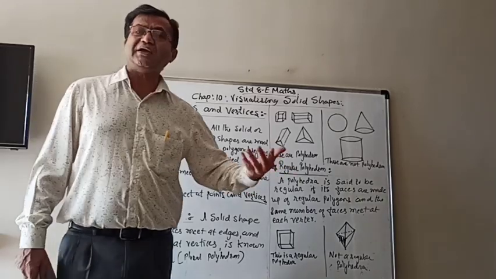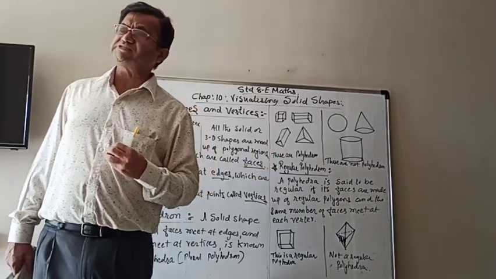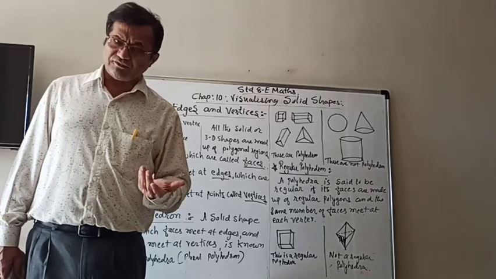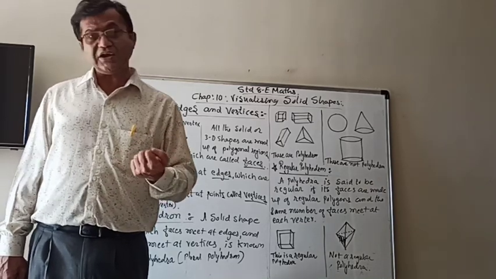Now we know that a polyhedron is covered by edges, faces and vertices.